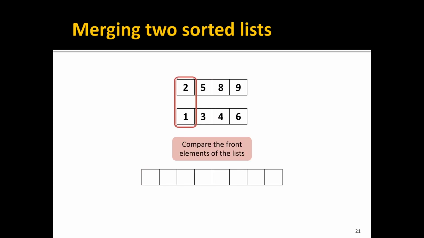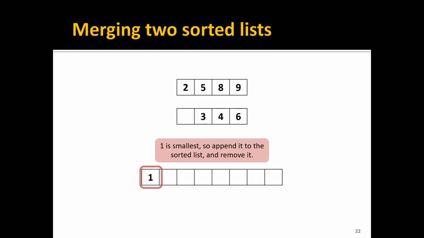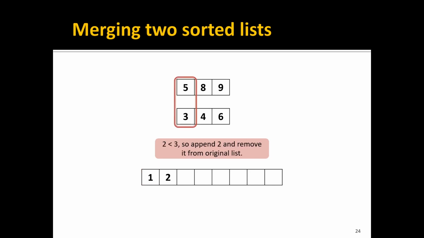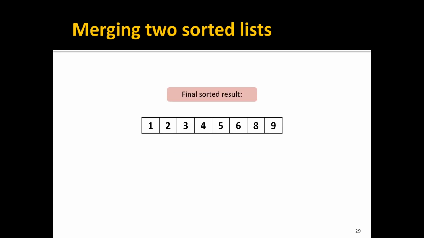So the idea is we make one comparison here, and when we make one comparison, we take one item into our final result list. Then we do a second comparison, and we end up with a second item in our output. Third comparison, third item in our output. So in the worst case, if we're doing one comparison per element, then it's going to take n comparisons to get n elements. So in this case, since we had 8 elements, we had to do 8 comparisons in the worst case.